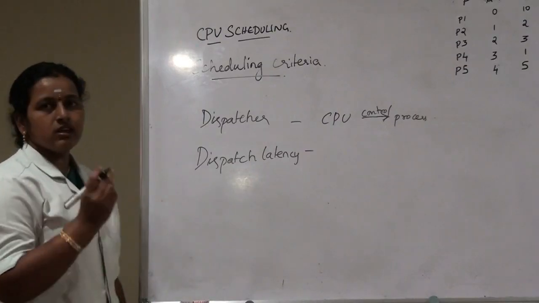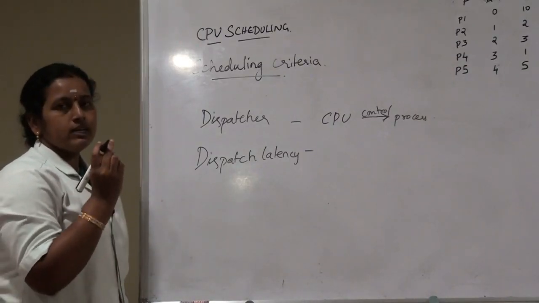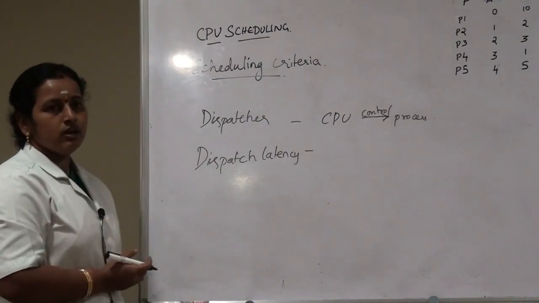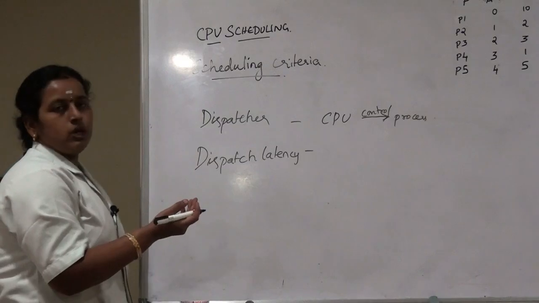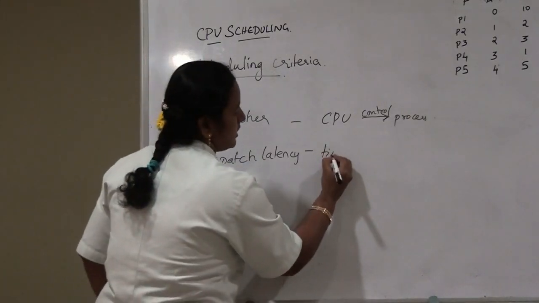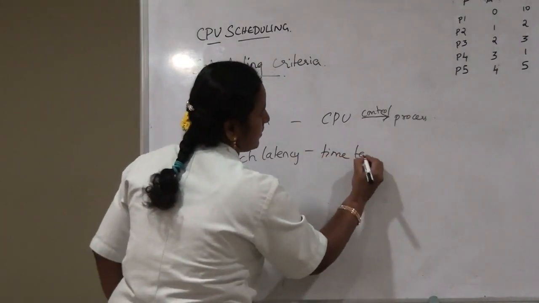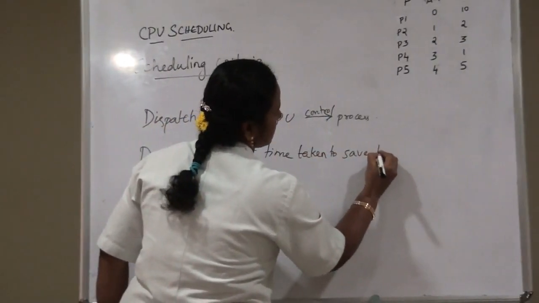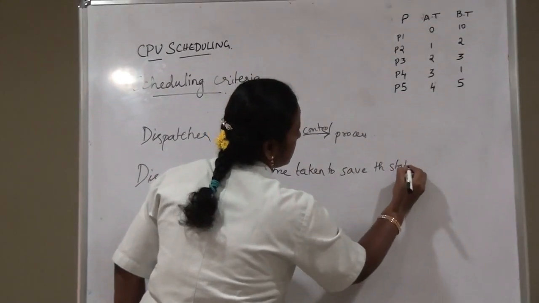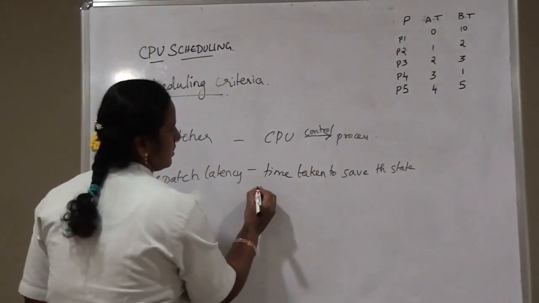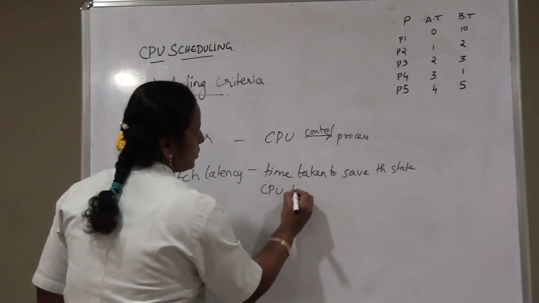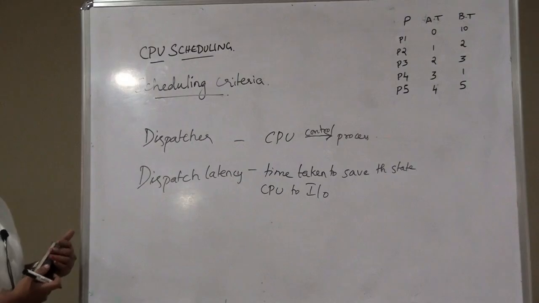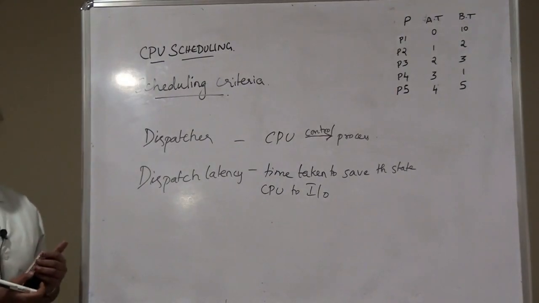Dispatch latency is the time it takes to respond when the CPU hands over control to the process. It is the time taken to save the state, CPU to IO, during the burst cycle. So that is the dispatch latency.